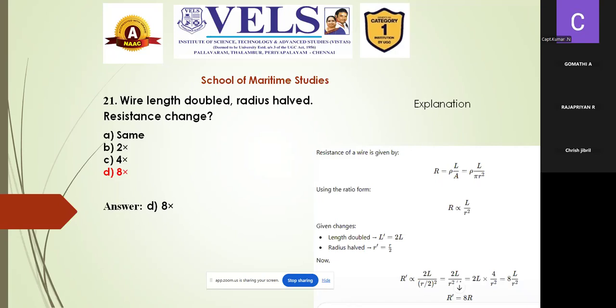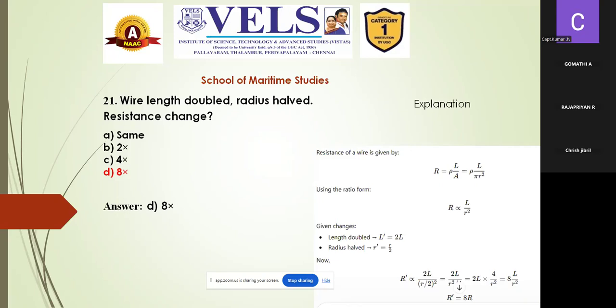Now the wire length is doubled, so the new length is equal to 2L. The radius is half, so the radius R is equal to R by 2. What will be the resistance? R dash is equal to rho into 2L by pi into R by 2 whole square, because the wire length is doubled and the radius is half.